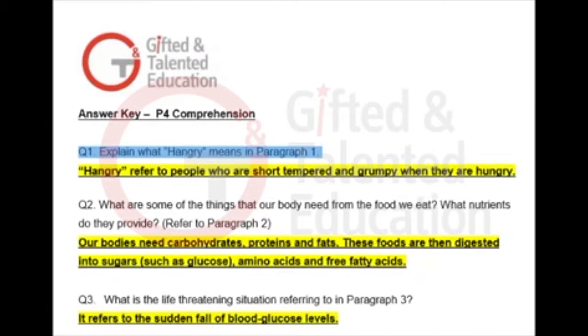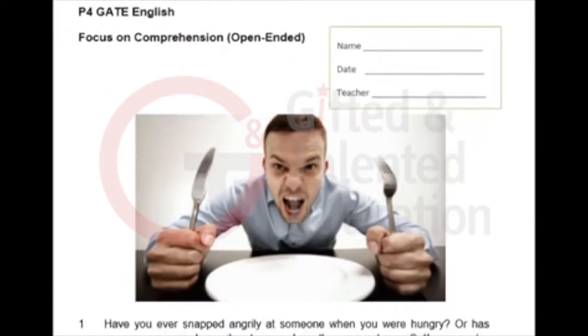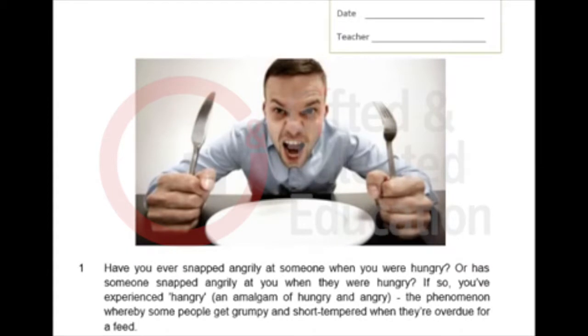We can find the clues to solve this question in paragraph 1. Let's take a look at paragraph 1. Do we see the definition of hangry? Oh yes, we do.